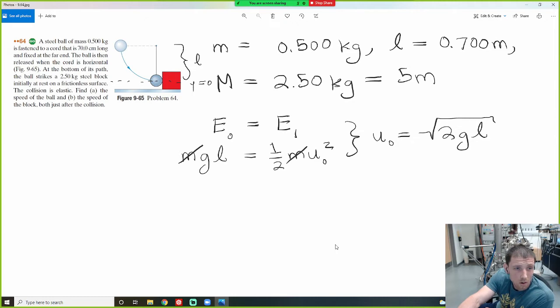So what we want to do is then look at the momentum and energy. So I'm going to use subscripts that don't exactly correspond to what I've written so far, but I can't really see an easier or clearer way of doing this.